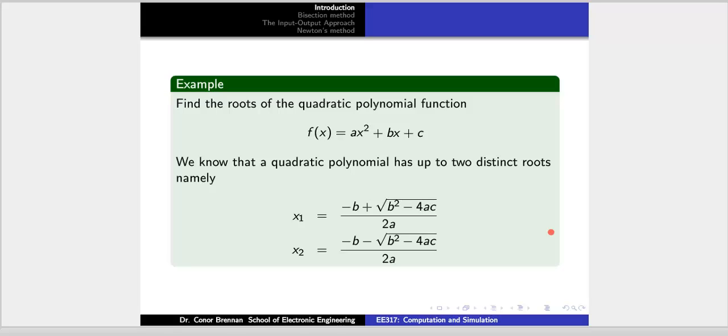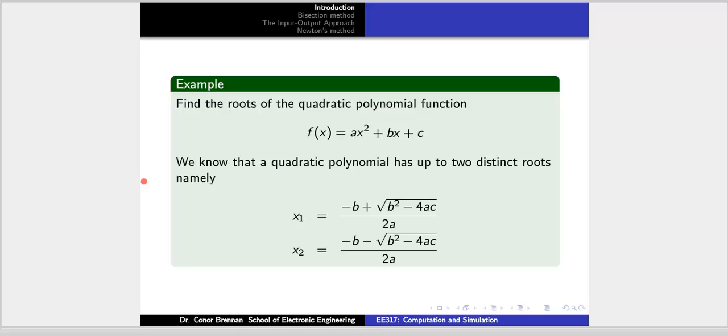And I say 0 or 2, I'm assuming we're talking about real valued functions. Complex valued functions are a little bit more complicated. But for real valued functions, assuming real inputs, we can have either 0 or 1 or 2 roots.